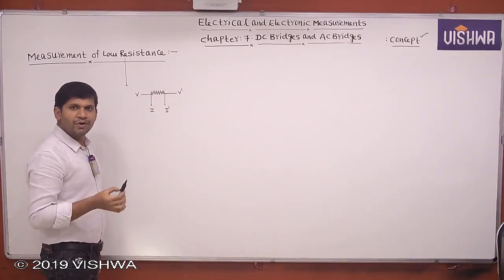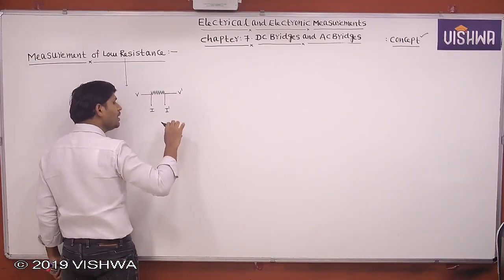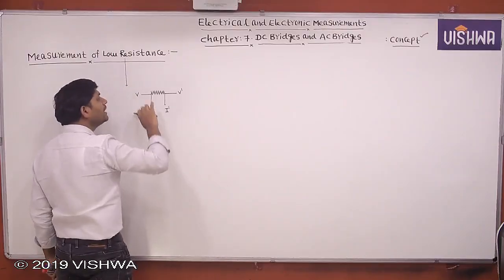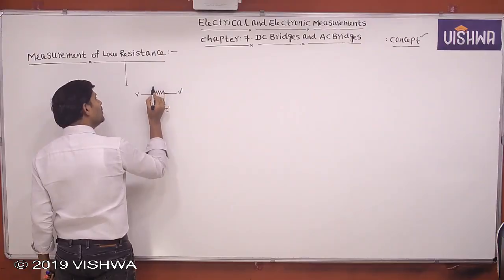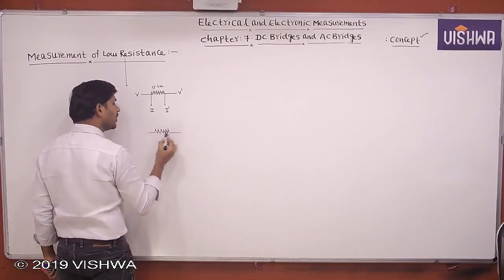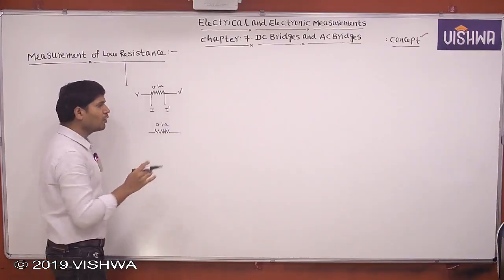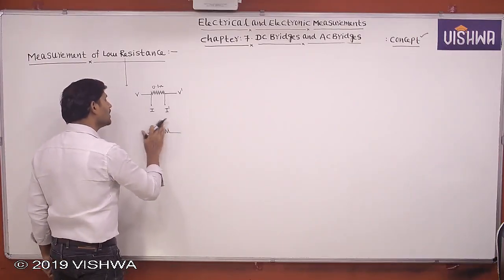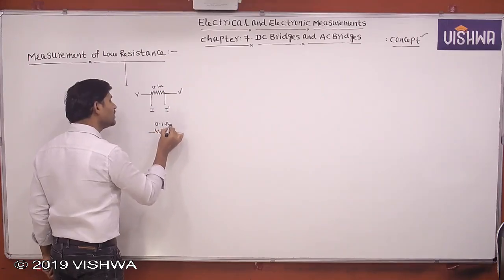What do we mean by definite or precise value? For example, we are measuring a 0.1 ohm resistance. If it is represented with 2 terminals only, what is the problem? If the resistance is less than or equal to 1 ohm, it is treated as a low resistance.